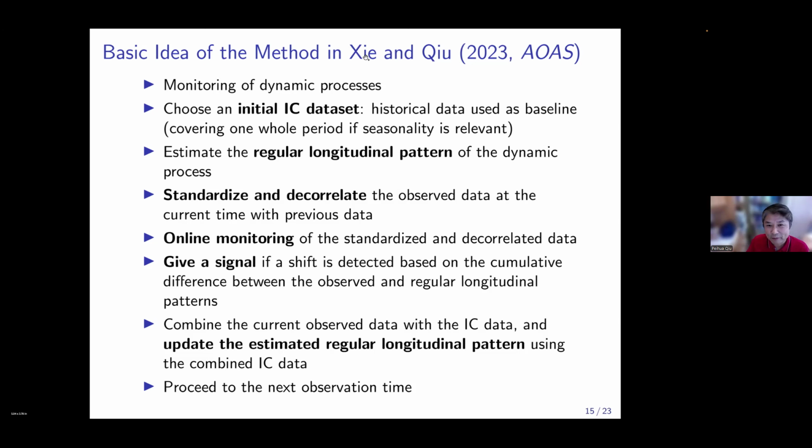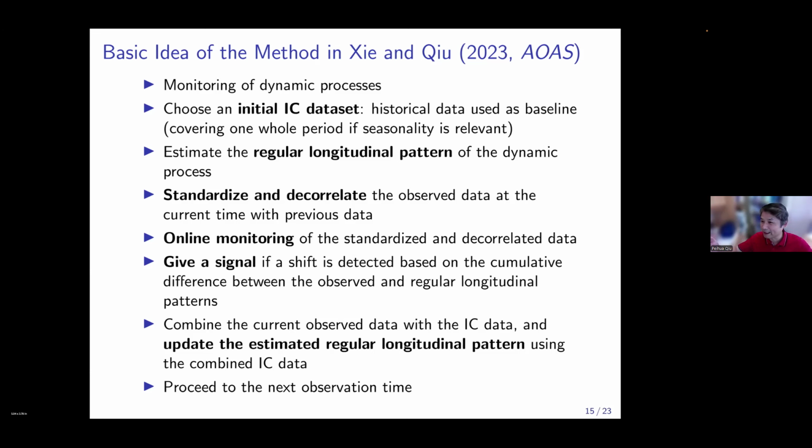And then this paper is about dynamic processes. Basically this paper is a generalization of our first paper on transparent sequential learning, the Technometrics paper I mentioned, generalizing that methodology for monitoring dynamic processes. So again, we choose the initial in-control data, or the baseline data.